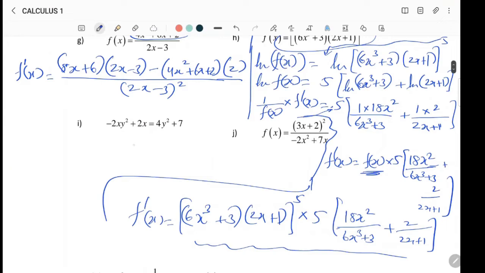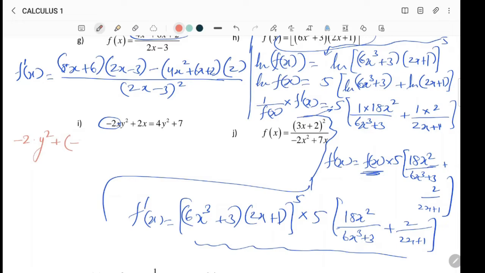Now come to this one. Here we need to differentiate. So minus 2x y squared plus 2x equals 4y squared plus 7. This is again implicit function. So let's differentiate. So I'll make minus 2x as one term. So product rule we have to apply. So minus 2x differentiation is minus 2 and y square I will keep as it is.